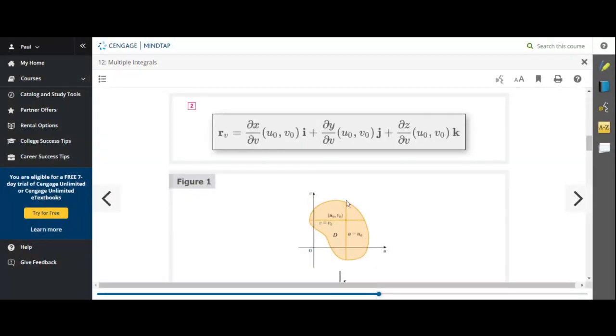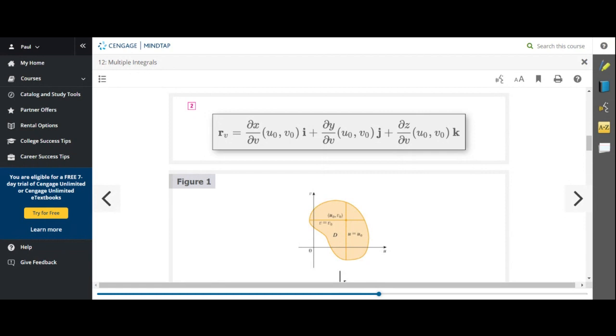The partial derivative of this vector function with respect to v means that you differentiate every component, the I, J, K components. You differentiate the coefficient functions with respect to v.